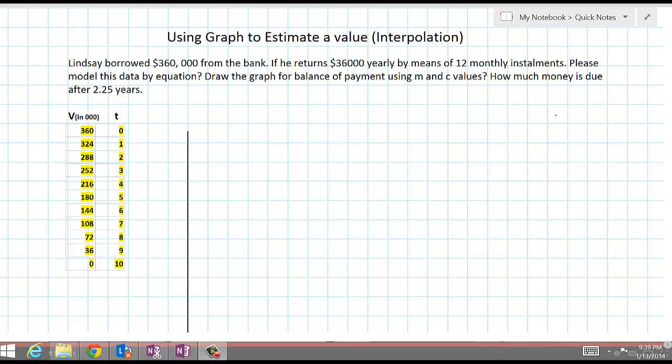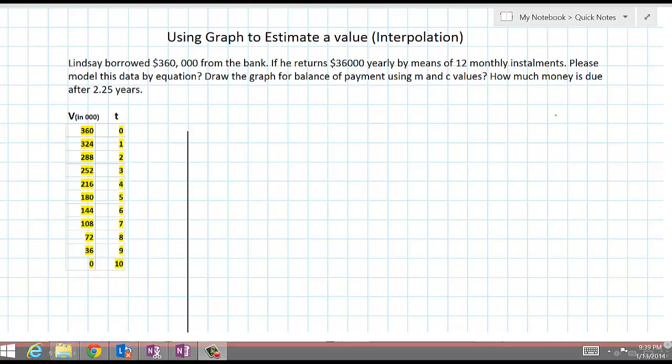So we plot the data table here against T and V. For when T is equal to 0, the value of money is 360,000, and each year when $36,000 is being paid, it is reducing.